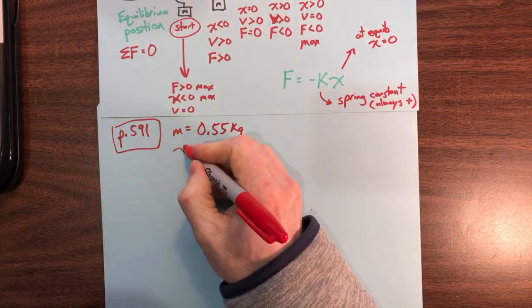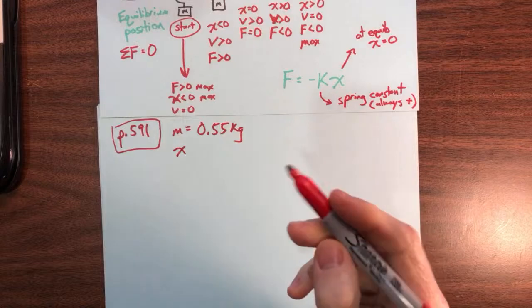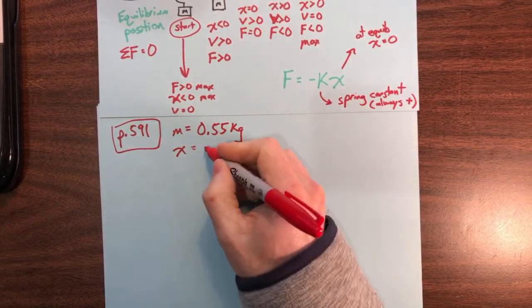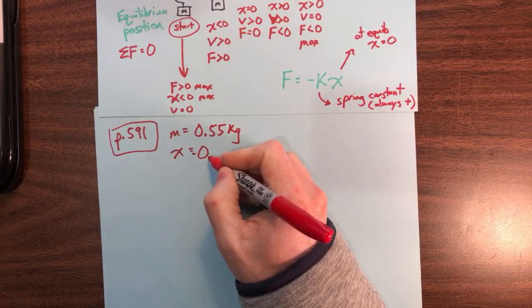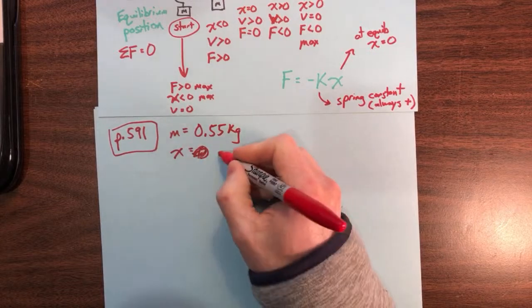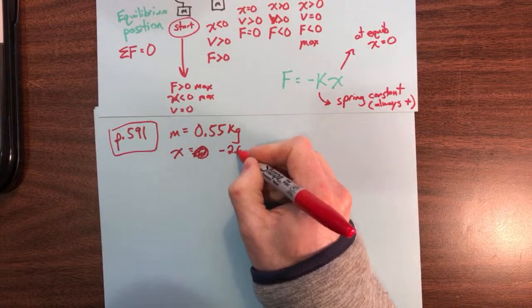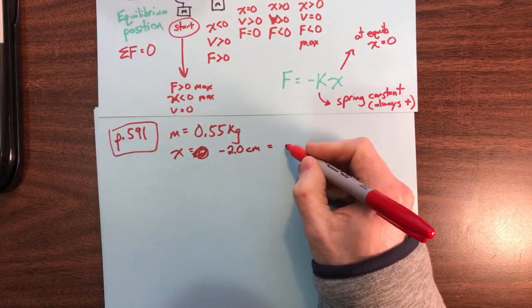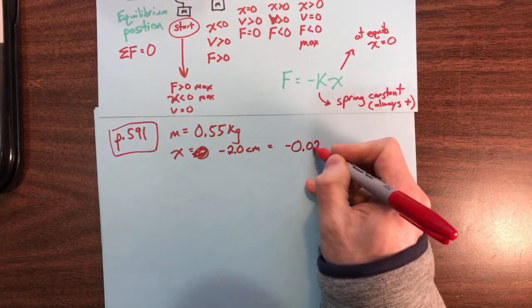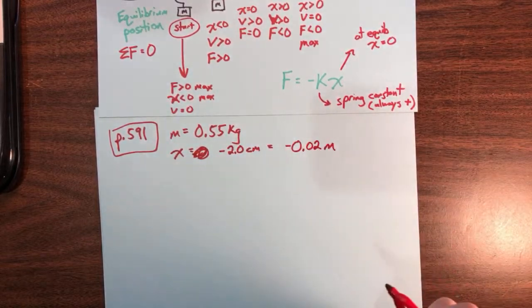So we have an x value, and it's going to be stretching it down. So our x is going to be, in this case, negative 2 centimeters. And we're typically going to use everything in meters, so that's going to be negative 0.02 meters for the position.